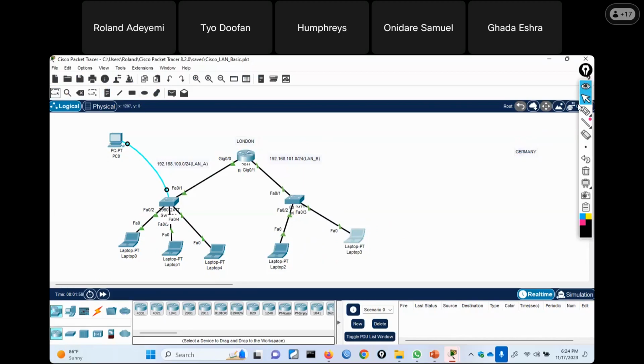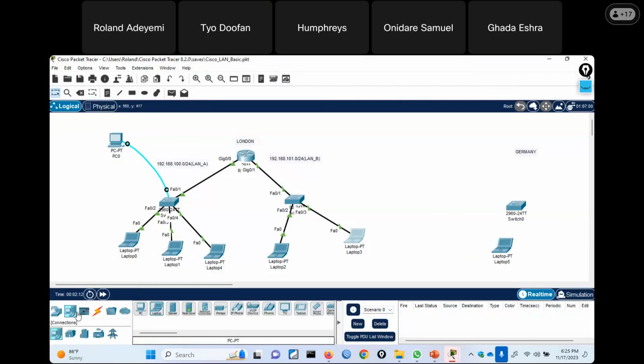So let's build a LAN in Germany, just one LAN with one router. Let's have a LAN in Germany. I have just one computer, just one router. And let's have a network address.